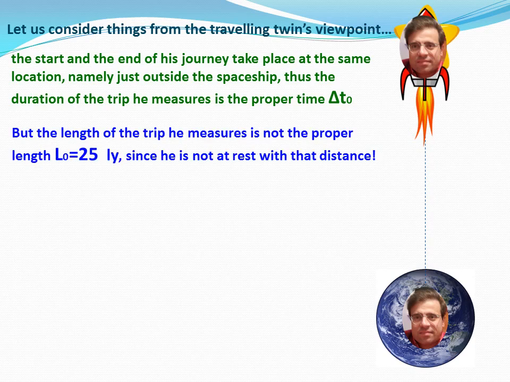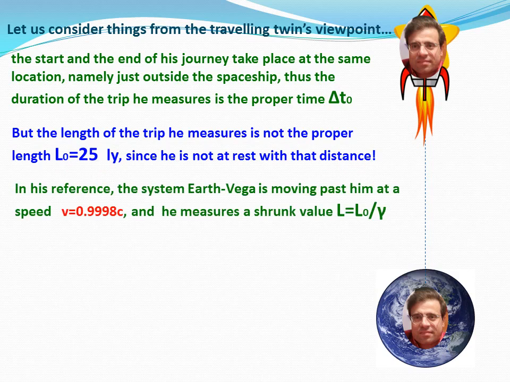But the length of the trip he measures is not the proper length L0 equals 25 light years, since he is not at rest with that distance. In his reference, the system Earth-Vega is moving past him at a speed 0.9998 c.